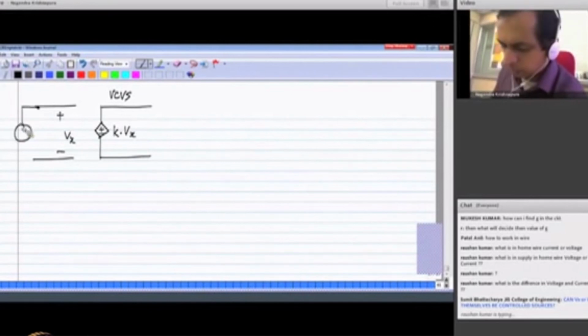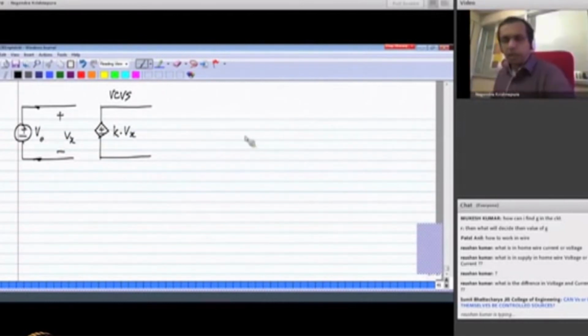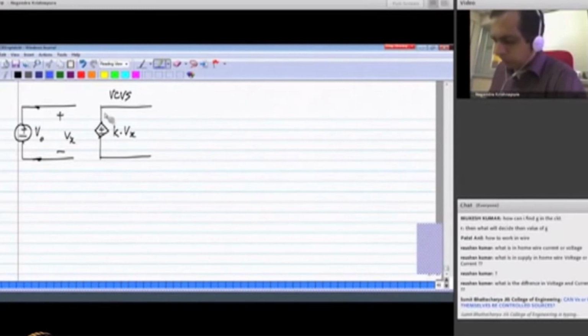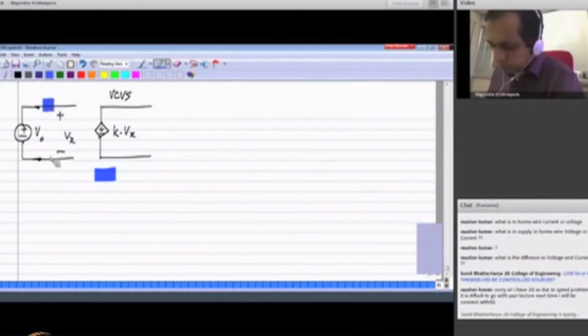Yes, this voltage can very much be given by some independent source. This is entirely possible. Okay, it depends on the circuit. Now this voltage controlled voltage source, which is this part, gives you a voltage which is K times this voltage minus that voltage.